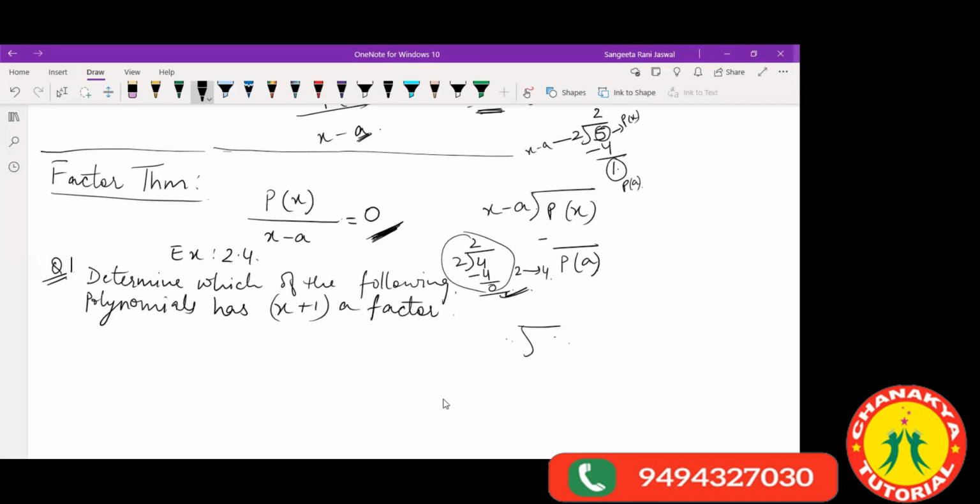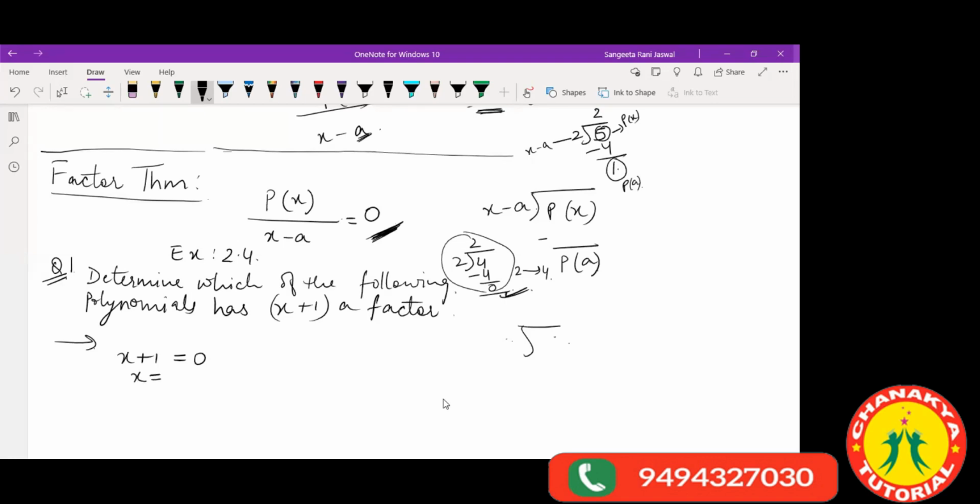Now we can write this x plus 1 as x minus A. Now see, look here. X plus 1. This is some polynomial given to us. To find the value of x in this polynomial, this x is actually the same as x minus A. How can we find the value of x from here?